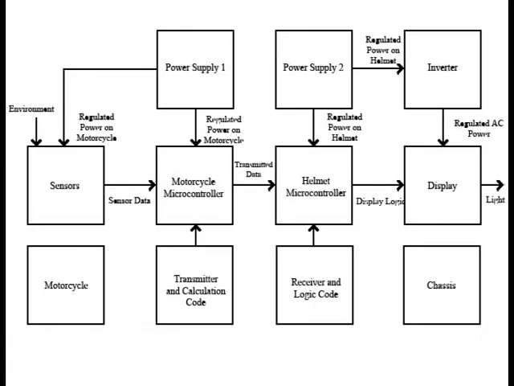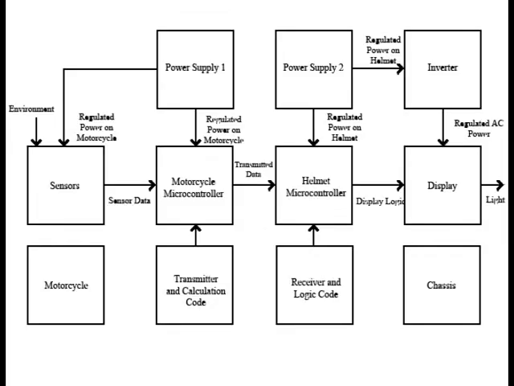The display needs a high voltage AC signal, so the inverter will take our low voltage DC signal and create the high voltage AC signal to power the display. And that will take the light out to the rider itself. The other two blocks on here are the motorcycle, where it'll all be put on, and the chassis for the helmet. They'll have the microcontroller, power supply, and inverter inside.